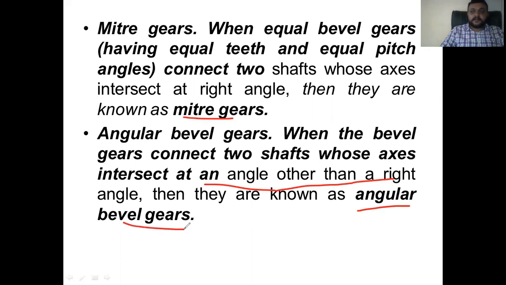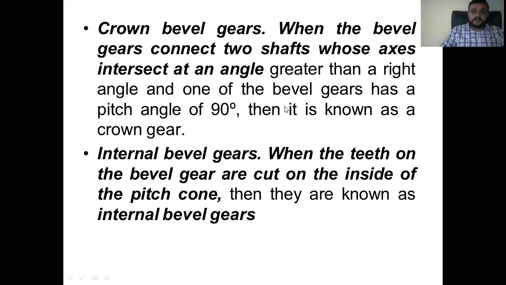Other than a right angle, any angle, maybe less, maybe more, they are called angular bevel gears. And miter gears are a special case of the angular bevel gears. So this is about some concepts of the bevel gear.